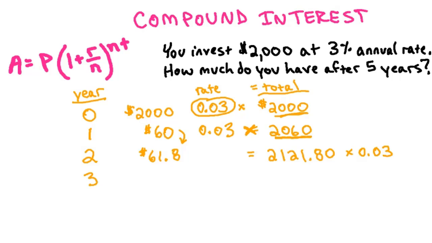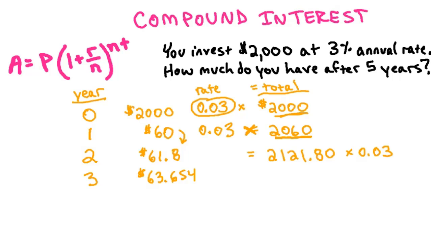So $2,121.80 times 0.03 is $63.654. That's your new interest that you're earning for year 3.